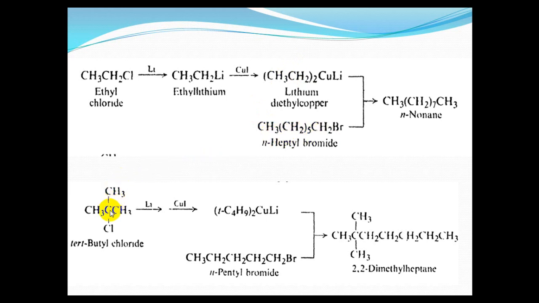Another example, when the carbon atom linked with tertiary alkyl halide also reacts with lithium and then with CuX or CuI in order to produce this part of compound which is coupled with this part in order to produce another alkane.